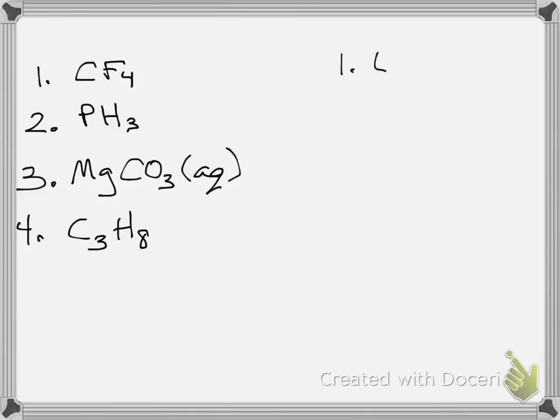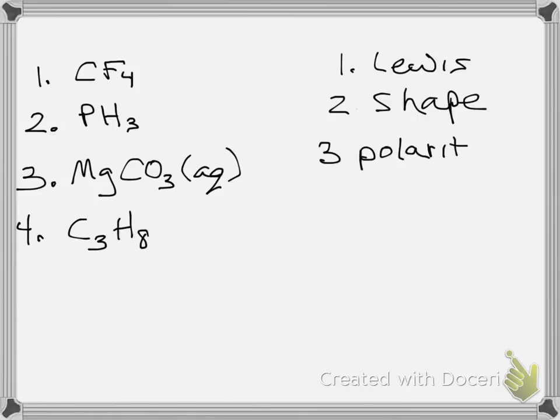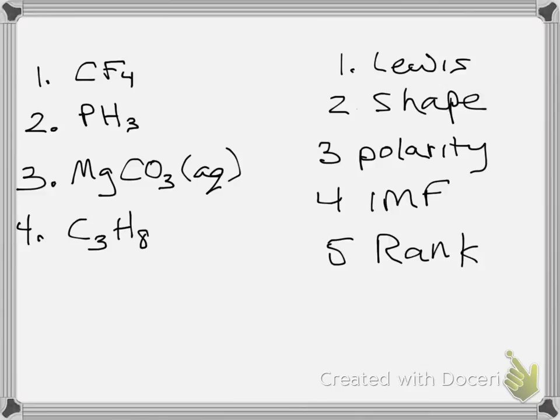You need to draw a Lewis structure. You need to explain the shape. Use that to get the polarity of the molecule. And then from there, tell me what the dominant intermolecular force is. After you've done that for all of them, rank them from the weakest up to the strongest.